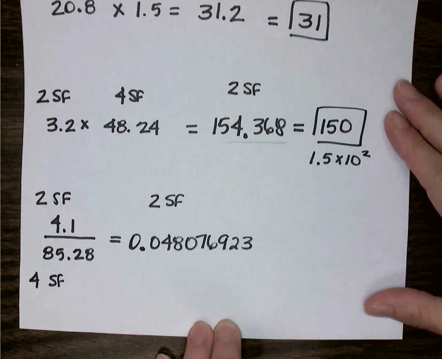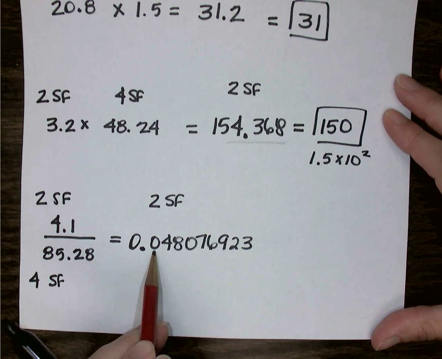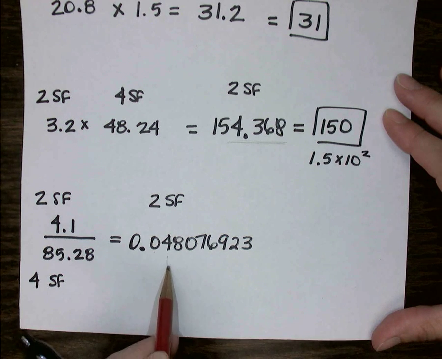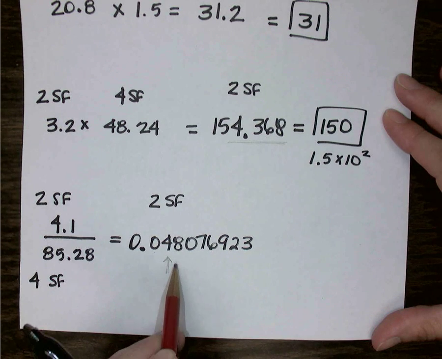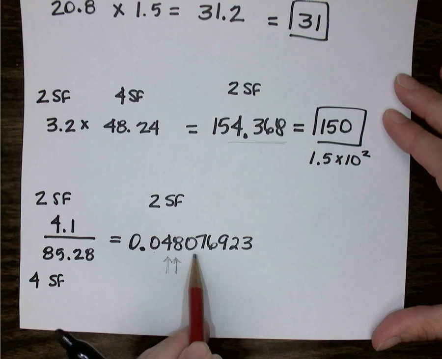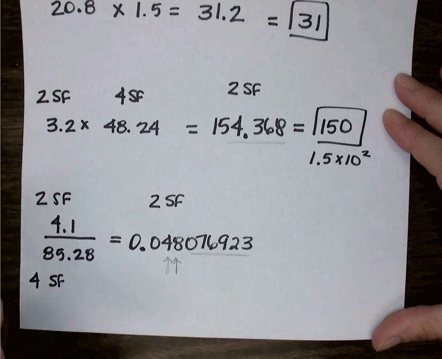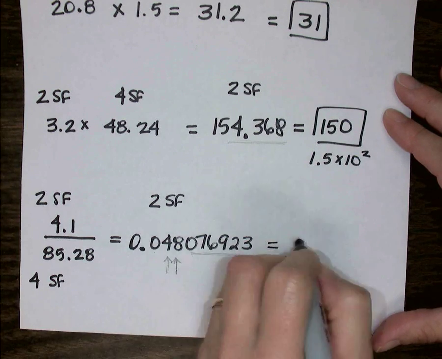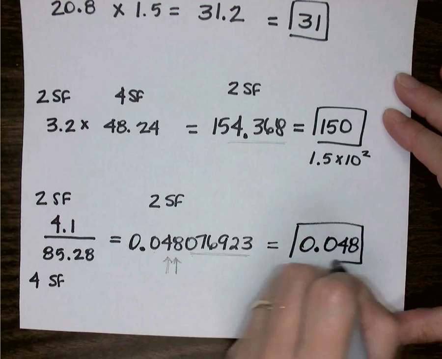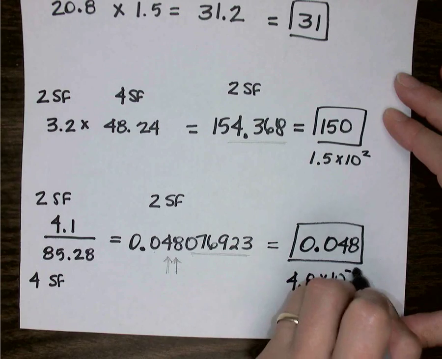So I have to round this to 2 significant figures. Remember that this 0 is a placeholder. It is not significant. So my first significant digit is this one in the hundredths place, and my second significant digit is this one in the thousandths place, and I have a remainder, 0.76923. 0 is going to round down. So I am going to report this answer as 0.048, or if I chose, I could report it as 4.8 times 10 to the minus 2.